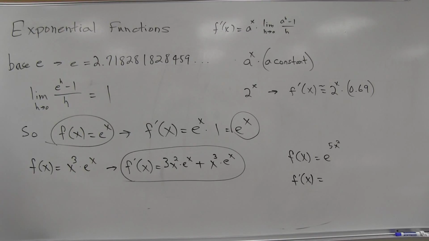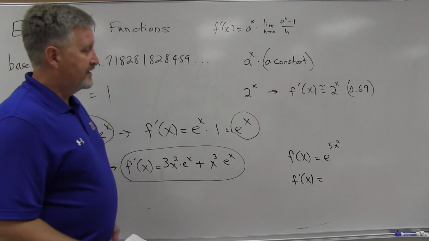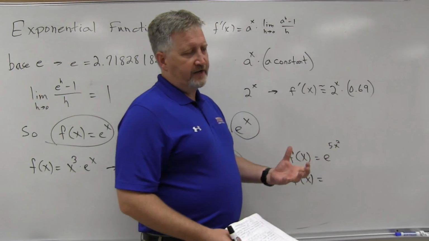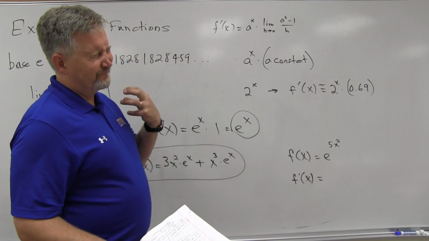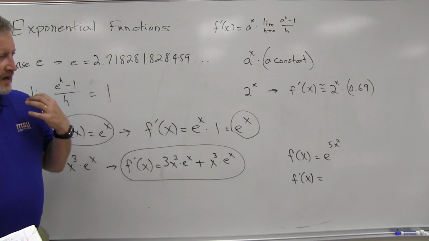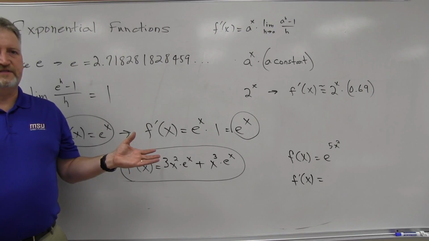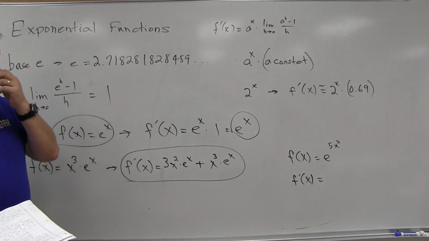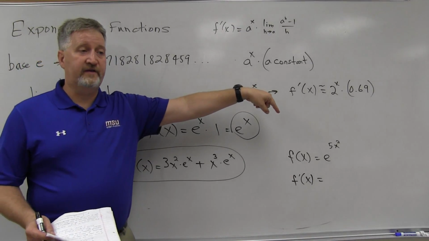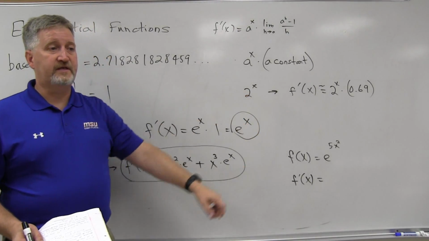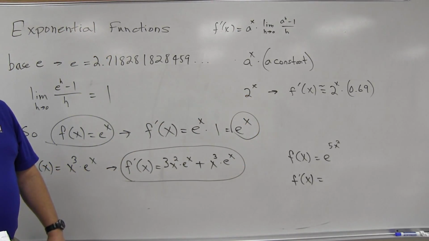What rule is going to kick in there? Chain rule. It's not the most obvious chain rule, I guess, because you don't obviously have an inside and outside, but the power is the inside. The base is the outside.